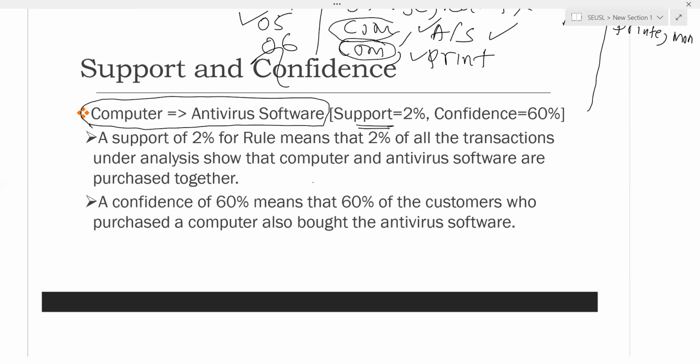How many people buy computers and antivirus software? If it is 2%, it means 100 people are there. How many people buy computers and antivirus software? Only 2 people.